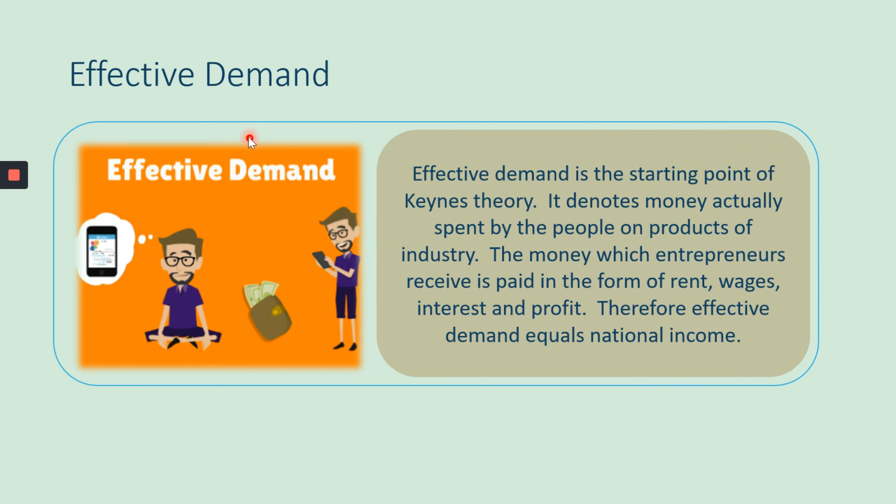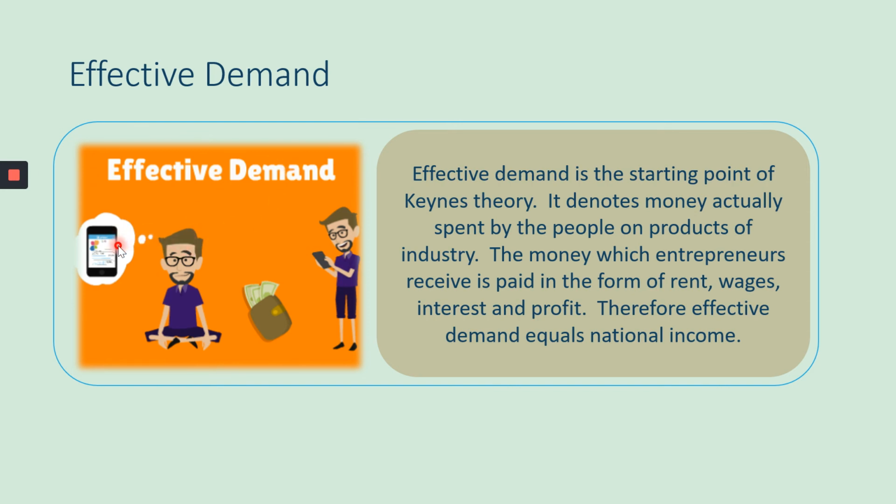Then we saw effective demand. What is effective demand? Effective demand is the starting point of Keynes' theory. Here, can you see this picture? First, he is having a thought of buying it. So first, he must have the desire. Effective demand means he must have the desire to buy.